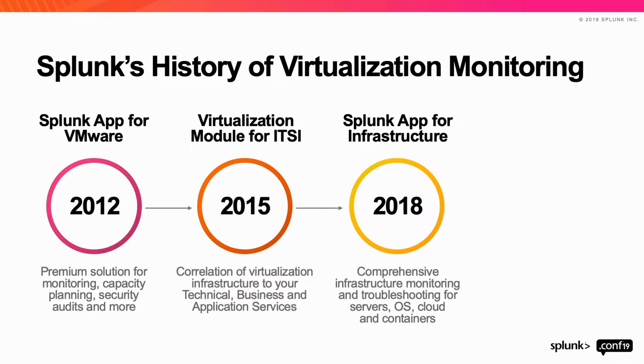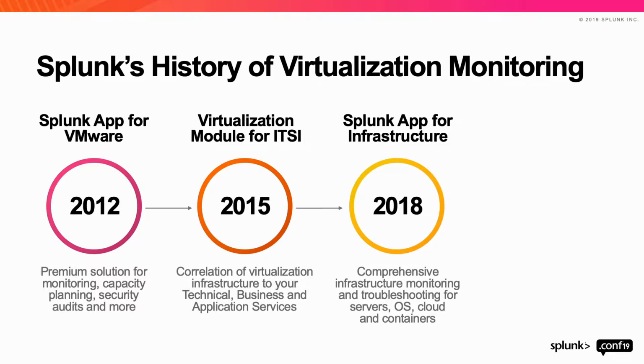So while ITSI is going strongly ahead, we introduced the Splunk app for infrastructure, a comprehensive infrastructure monitoring tool with an entity-centric first approach. It focused on monitoring and troubleshooting, and monitoring and troubleshooting fast. It took minutes from ingest to insight, allowing me to see what went wrong and what went wrong quickly.